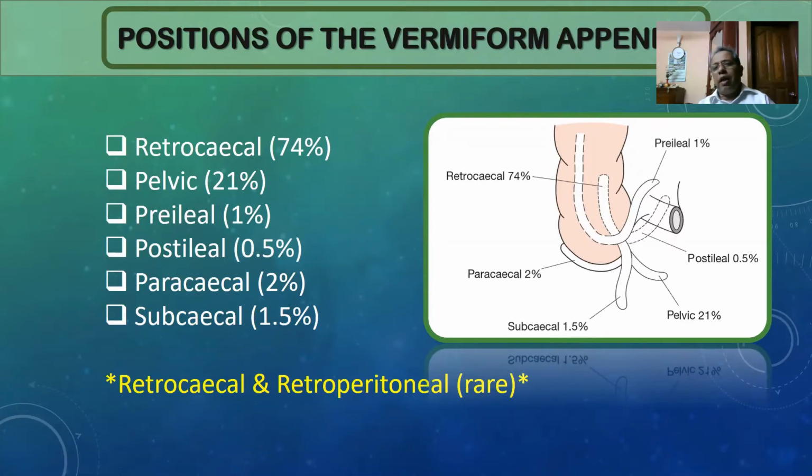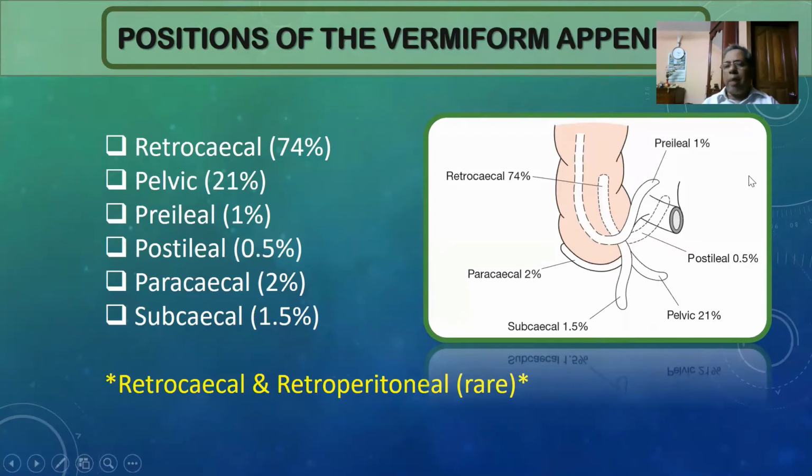The anatomical explanation is embryological. Whenever the intestine develops, the gut protrudes out through the umbilicus, then goes back in, so reduction is completed, and ultimately it settles in the right hypochondrium, and later migrates to the right iliac fossa.